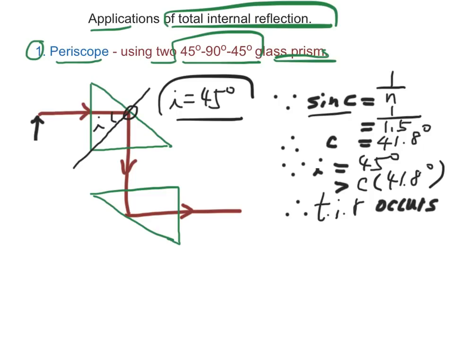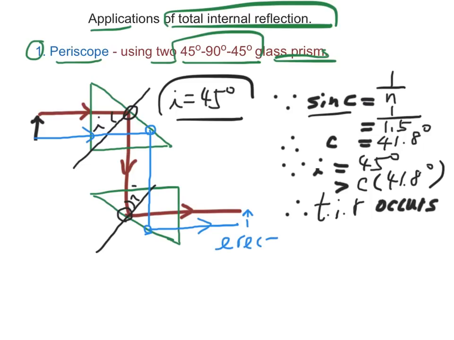Similarly, at the bottom, the angle of incidence is again equal to 45 degrees, and the light wave is also totally internally reflected. The light wave from the objects will undergo total internal reflection at the surface of the glass 2 times, and the image remains erect, the same size as the object.